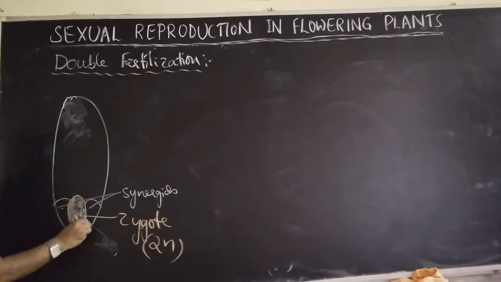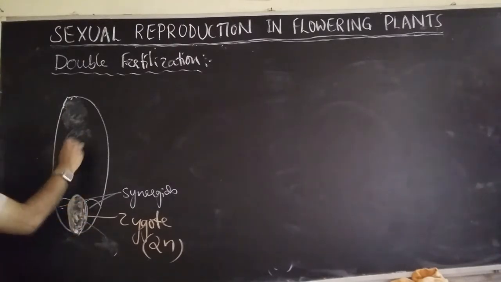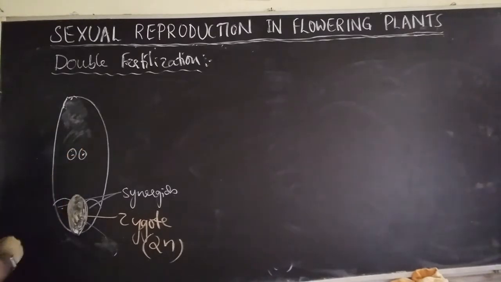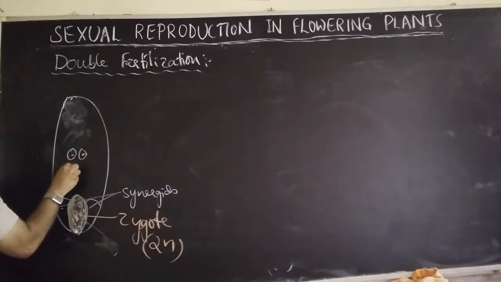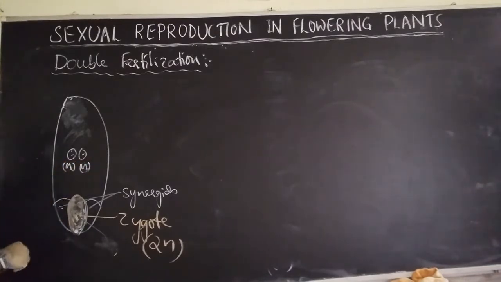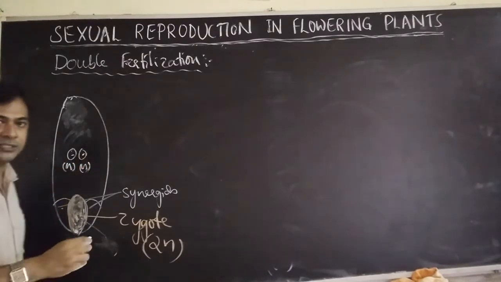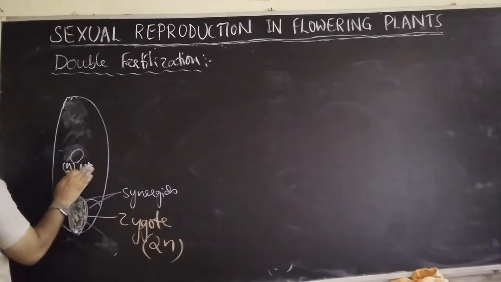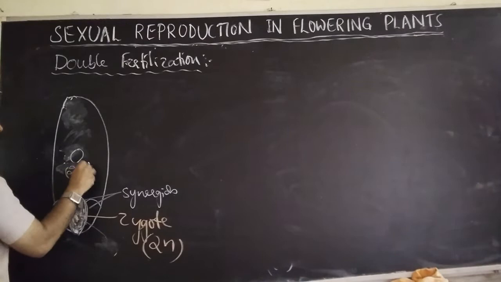What about the remaining part? Here two polar nuclei were there, each haploid N. During fertilization, these two nuclei combine and become 2N. That is called the secondary nucleus.